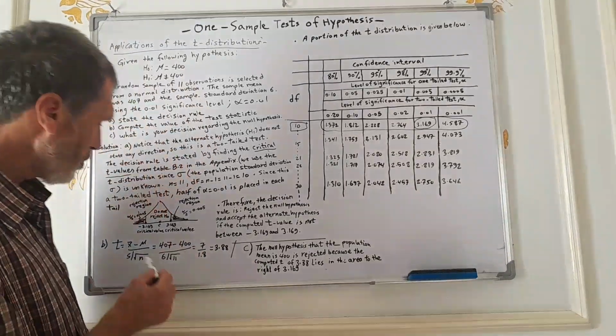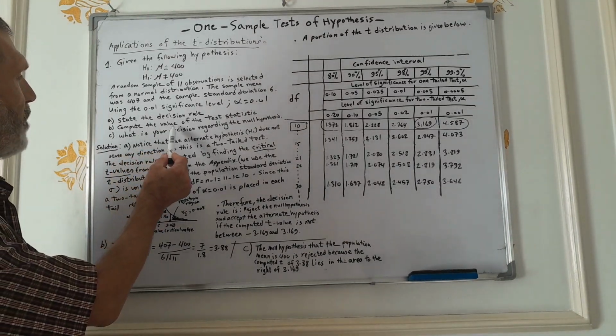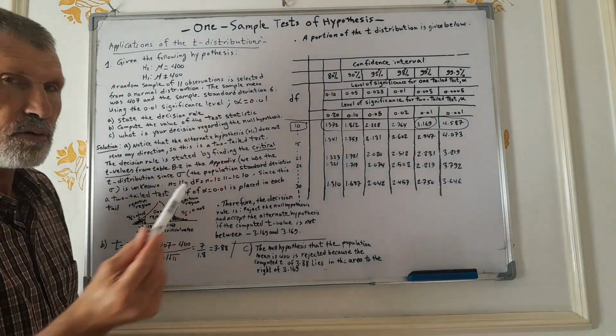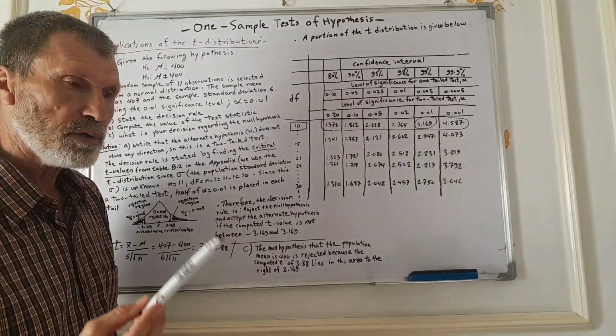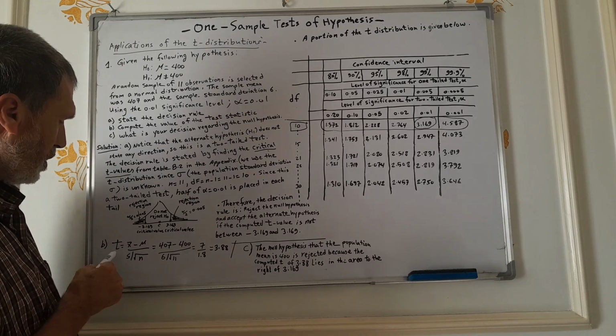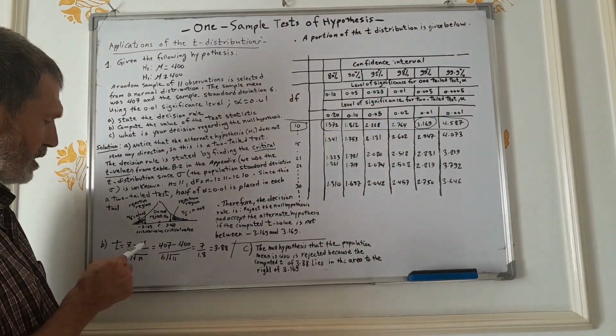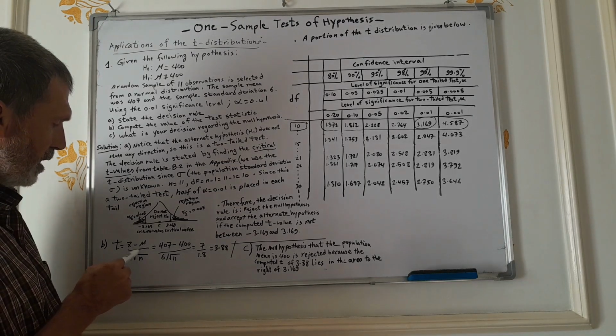Now part B, as you see here, says compute the value of the test statistic. We have a T distribution, so we need to calculate the T statistic. This is the formula of the T statistic. T is equal to x bar minus mu over S over radical n.